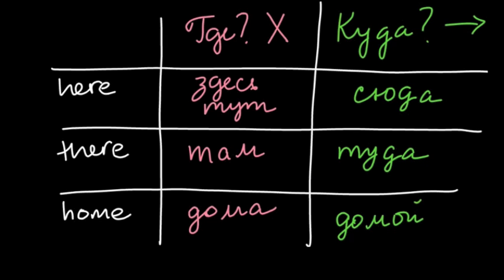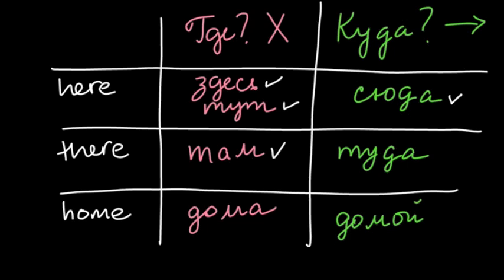It's just not changing. We also have some special words and phrases that change depending on где or куда. Here, there, and at home. So here, in this place. Здесь или тут. Here, towards here. Сюда. And notice how it rhymes with куда. There, in that place. Там.